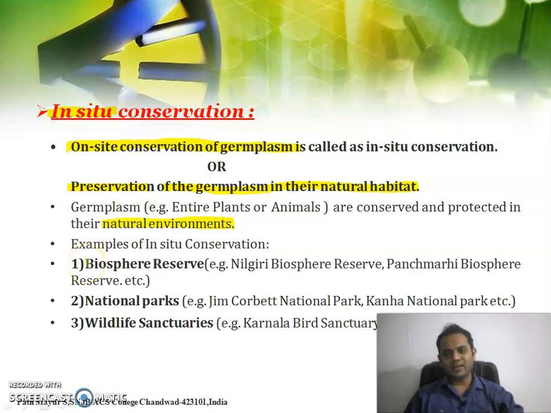If we see examples of in situ conservation, the first one is Biosphere Reserve, second is National Park, third is Wildlife Sanctuaries. These three are the protected areas where the organisms, flora or fauna, plants or animals, are protected in their natural habitat.